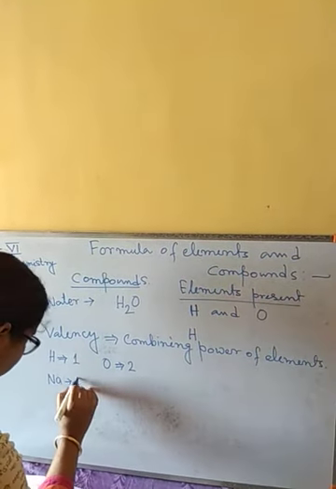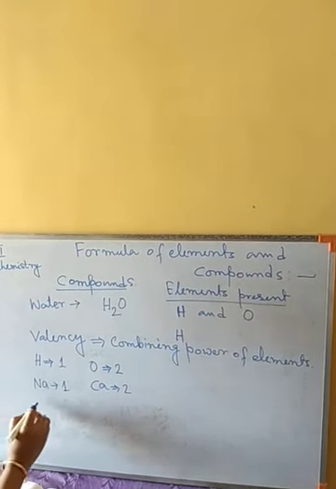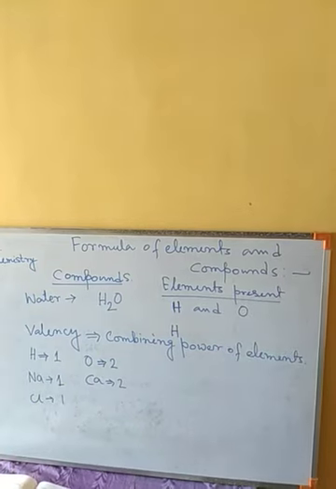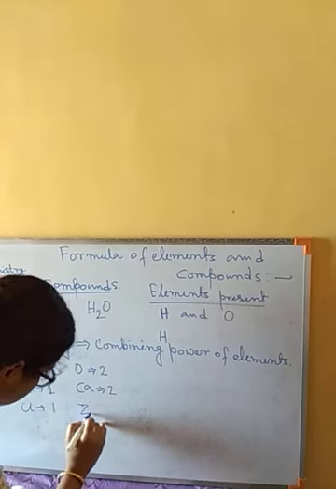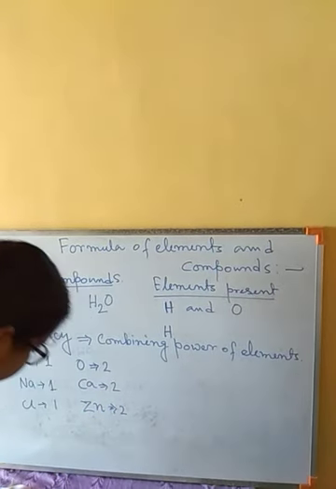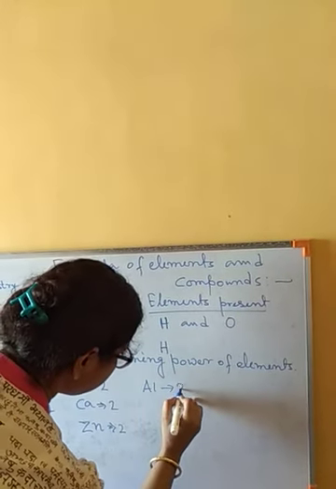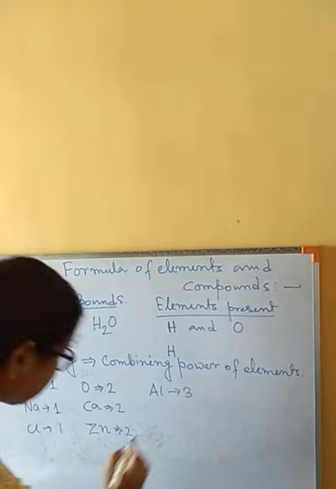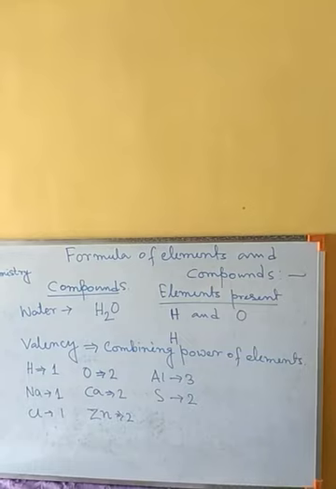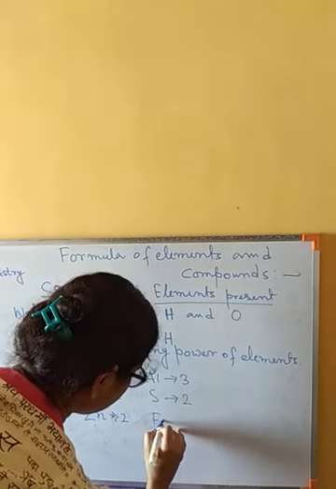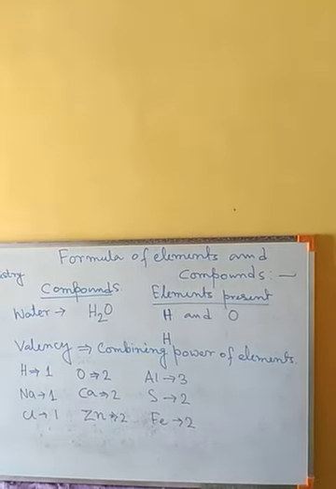Sodium is 1, calcium is 2, chlorine is 1, zinc, Zn, is also 2, aluminium is 3, sulfur combining power 2, iron, Fe, combining power 2. So this only we are going to learn.